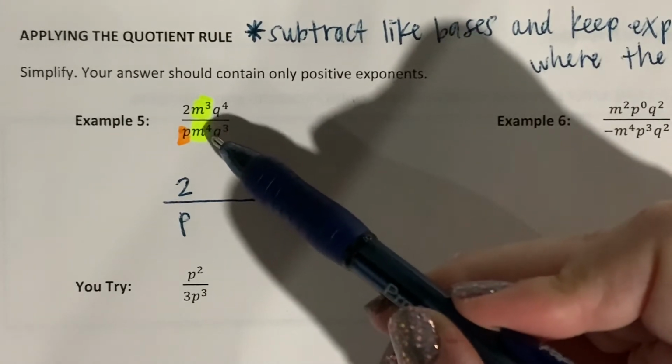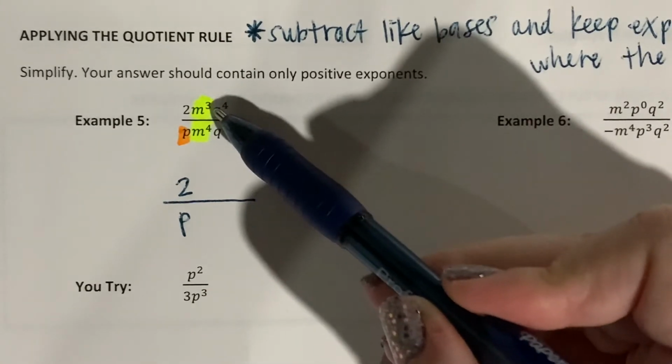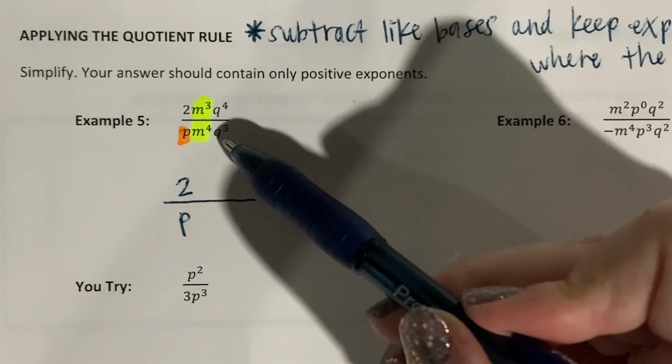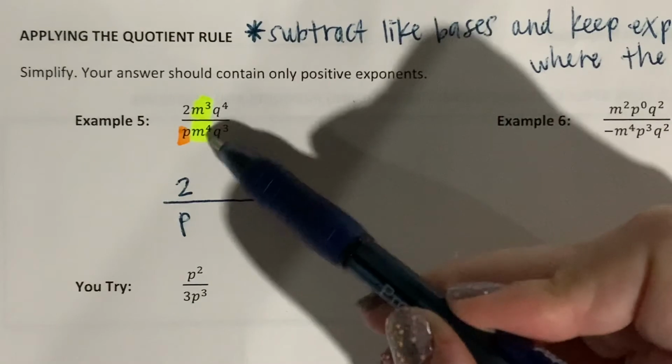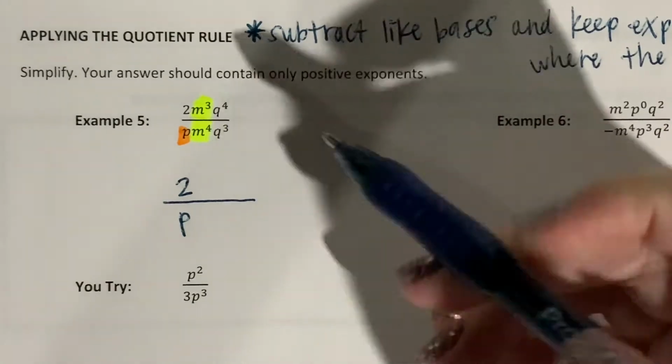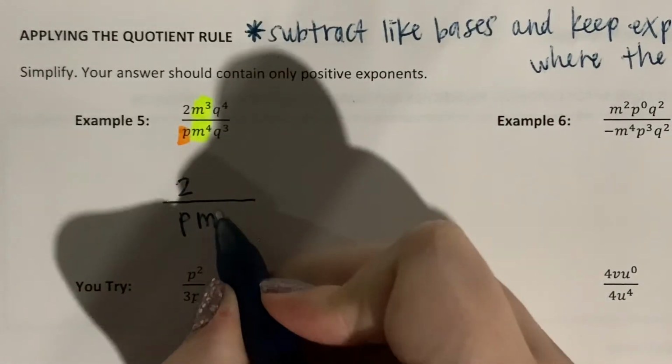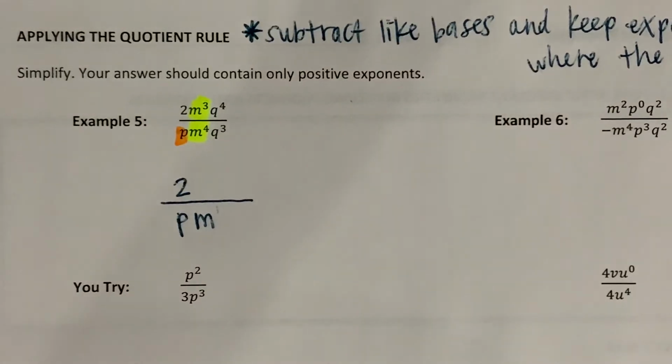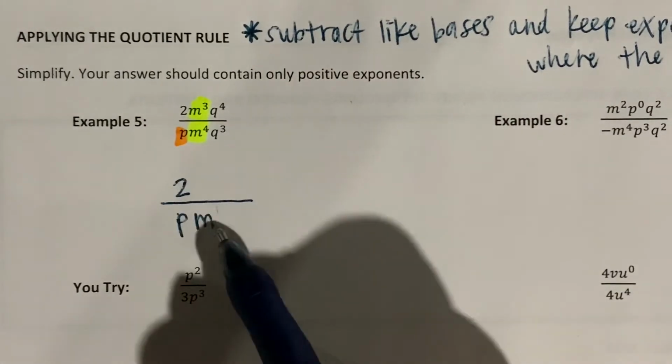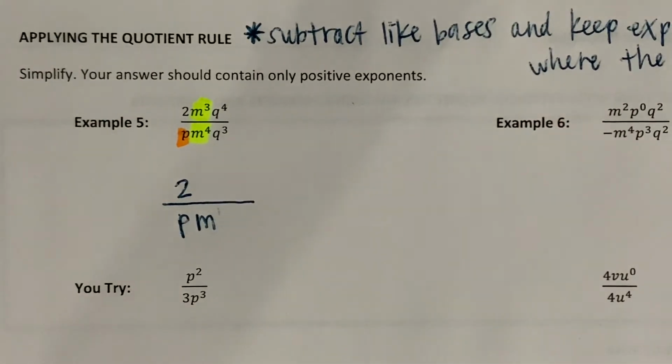And you have to decide, should you keep the m to the 1 in the top of the fraction or in the bottom of the fraction? We said we're going to keep the m to the 1 where the bigger exponent was, and here it was in the bottom, so we'll keep m to the 1 in the bottom. You can write m to the 1, but I'm just going to write m because, again, if there's no number there, the 1 is implied. That's m to the 1st power. Now I need to combine my q's.